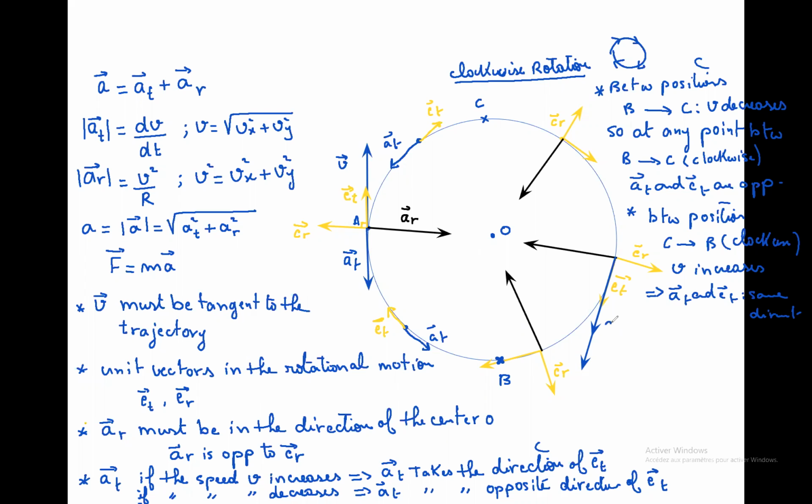Here you have AT, the same direction like ET and like V. Okay, this is the general idea about AT, about all these values. Let's calculate Newton's law in the direction of ER and in the direction of ET.